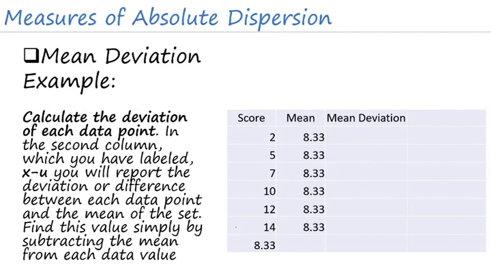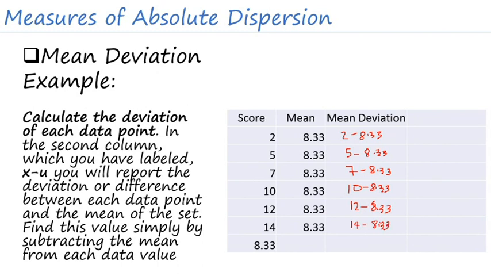It will give us 2 minus 8.33. Also, we have 5 minus 8.33. We also have 7 minus 8.33. 10 minus 8.33. 12 minus 8.33 and 14 minus 8.33.